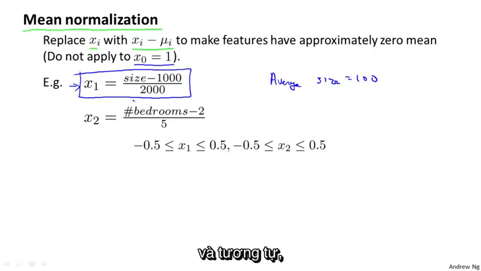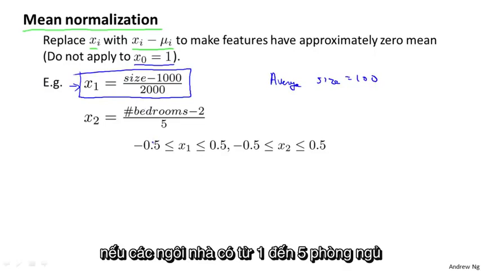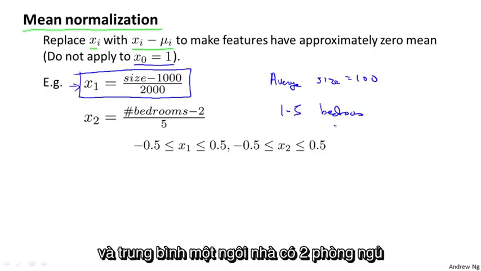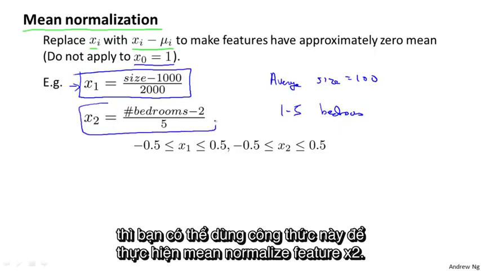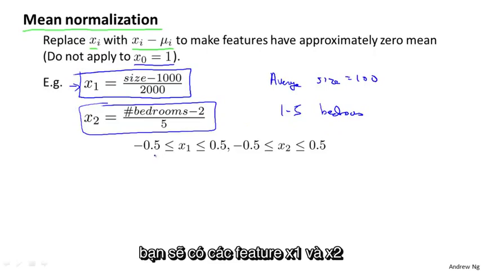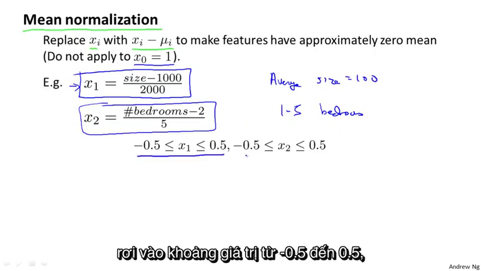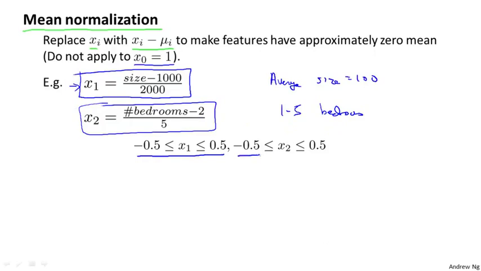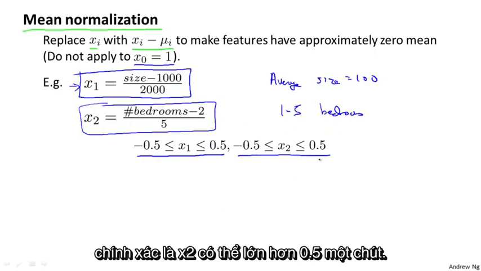And similarly, if your houses have 1 to 5 bedrooms, and on average a house has, say, 2 bedrooms, then you might use this formula to mean normalize your second feature x2. In both of these cases, you wind up with features x1 and x2 that can take on values roughly between -0.5 and +0.5. It's actually not true, x2 can be slightly larger than 0.5, but close enough.